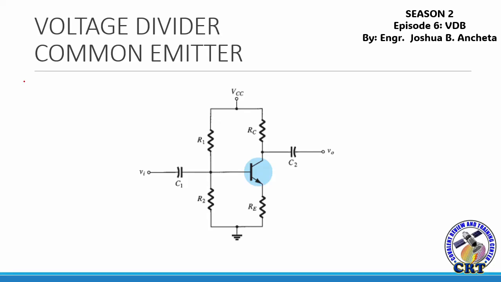This is the circuit of a voltage divider biasing network. Again, we will be using the common emitter configuration with an NPN type transistor. As you can see, we still have RC and RE resistors.